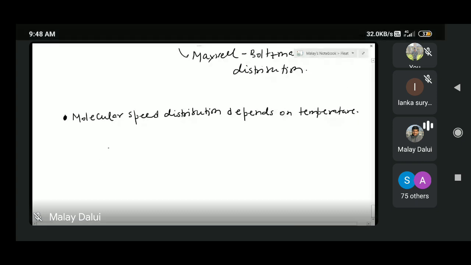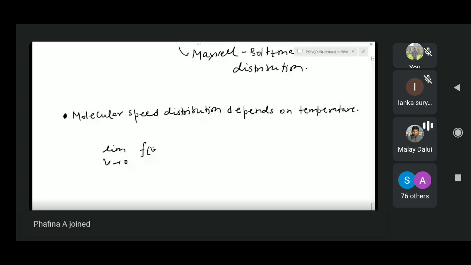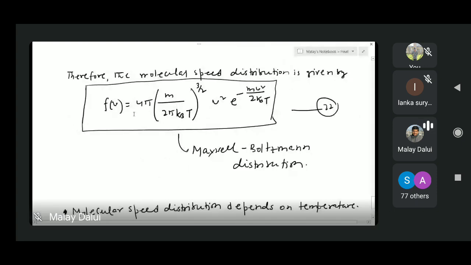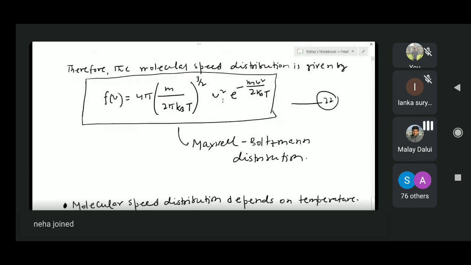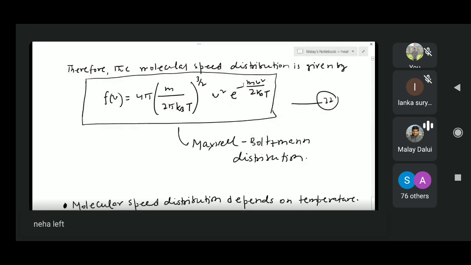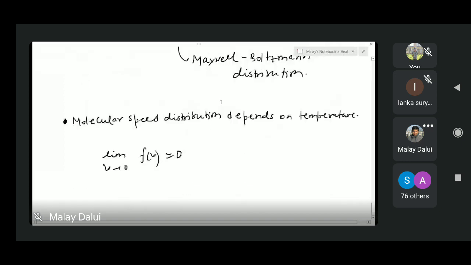Also, if you take the limit v tends to 0, f of v will be 0. In the limit v tends to 0, we have this v square term, so it will go to 0. This is a multiplication of two functions: v square and e to the power minus mv square by twice kbt, and the rest are constants. So near the origin the function looks like v square.